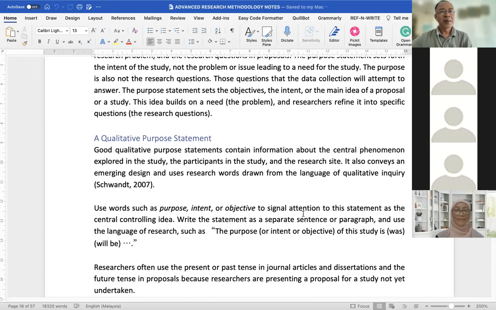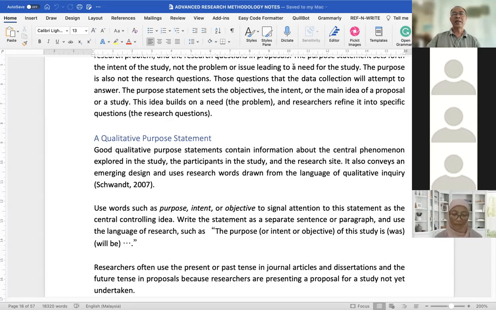Usually here at Unishams, when we do a qualitative study, we focus on a design that plans to collect data from library research, or the data is collected from a survey, something like that.